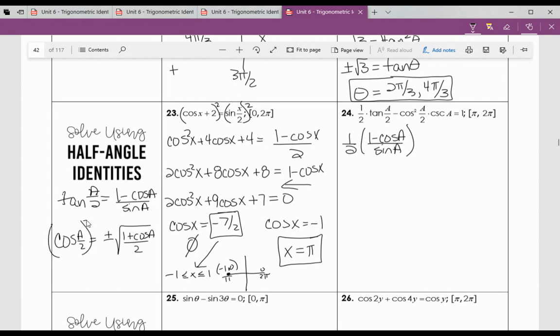If you square both sides, you get cosine square alpha over 2 equals 1 plus cosine alpha all over 2. So I'm going to replace it with 1 plus cosine alpha over 2.